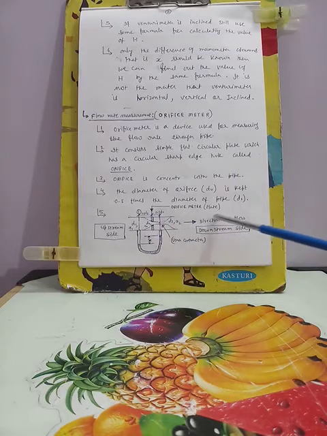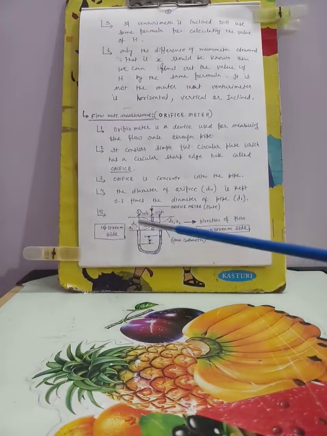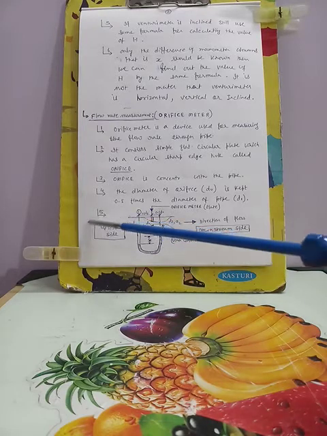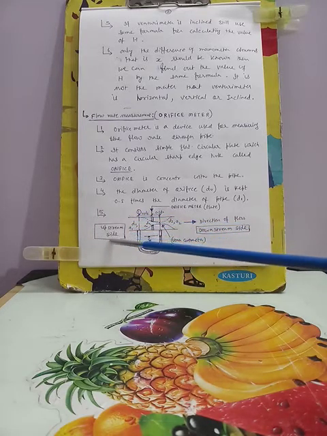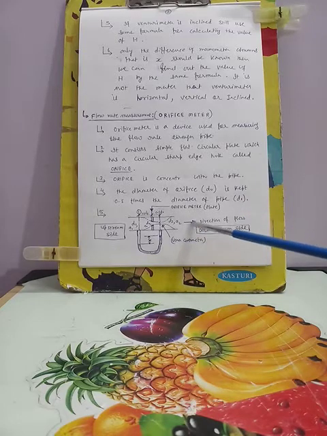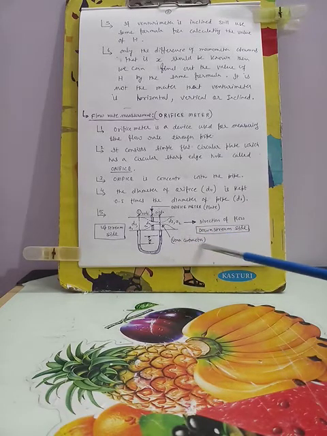This is the direction of flow. Flow is from left to right. The left side of the orifice plate will be known as the upstream side. The right side of the orifice plate will be known as the downstream side.